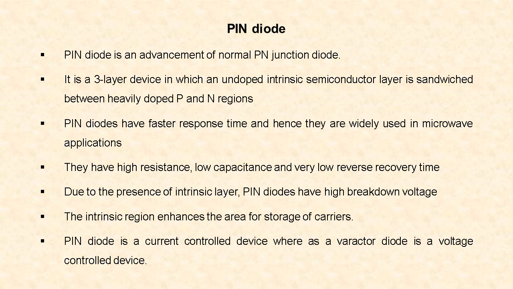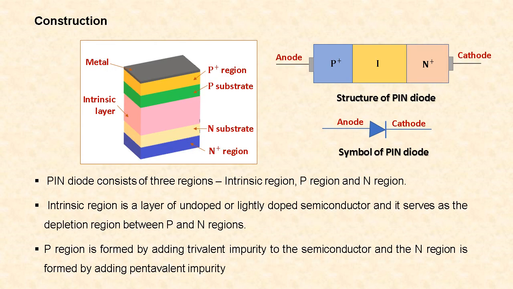PIN diode is a current control device, whereas a varactor diode is a voltage control device. Next, let us see the construction of PIN diode. PIN diode can be constructed in two different structures, mesostructure and planar structure. In mesostructure, the layers which are already doped are grown on the substrate, that is the intrinsic layer.